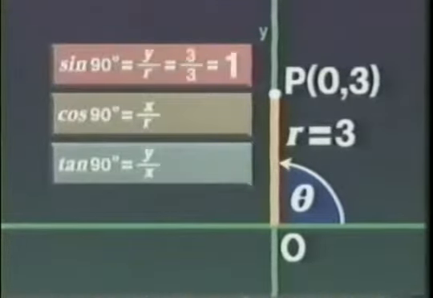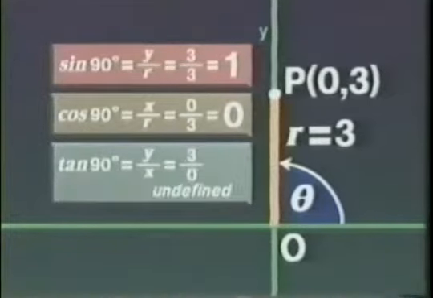R can be any length. We've picked point (0, 3). Notice that r is equal to the y-coordinate, 3. The trig ratios are 1, 0, and undefined.